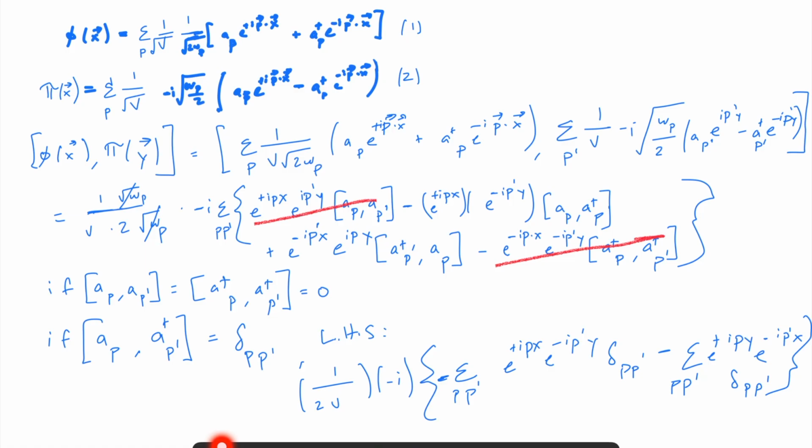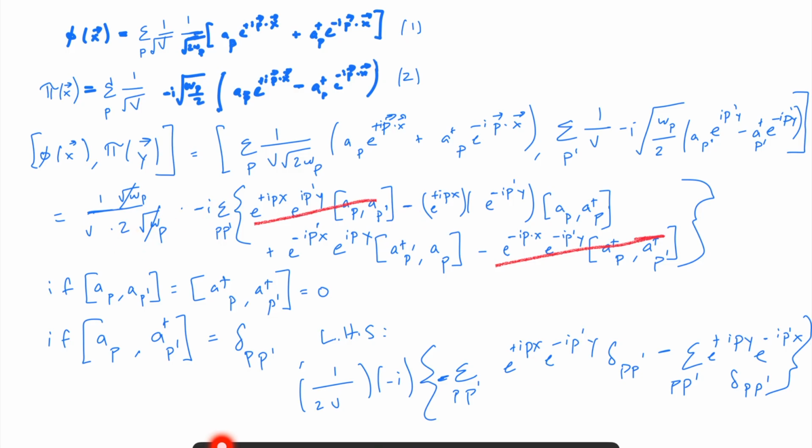And now this over here is an a dagger p prime a_p, which if you reverse that, you should just get minus the Kronecker delta. And actually, that's where this minus sign comes from. So this minus sign stayed here.